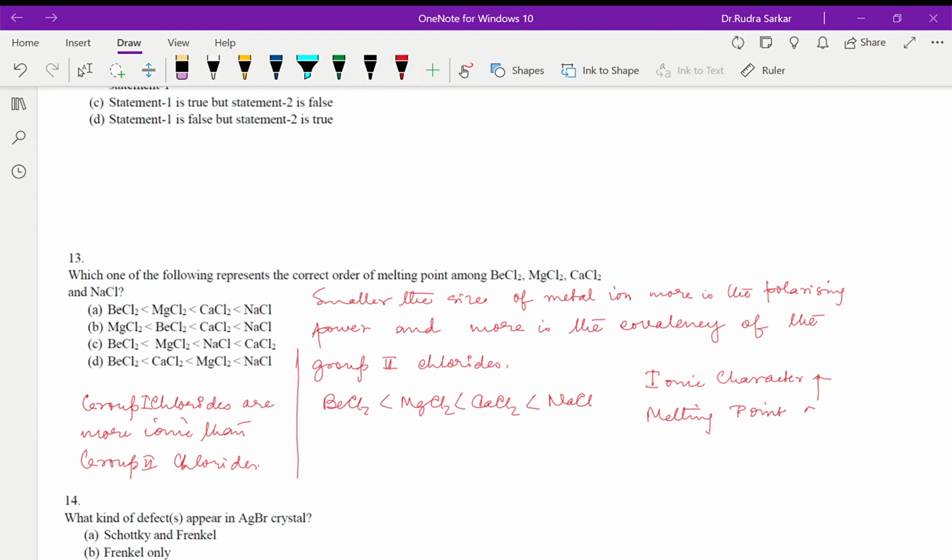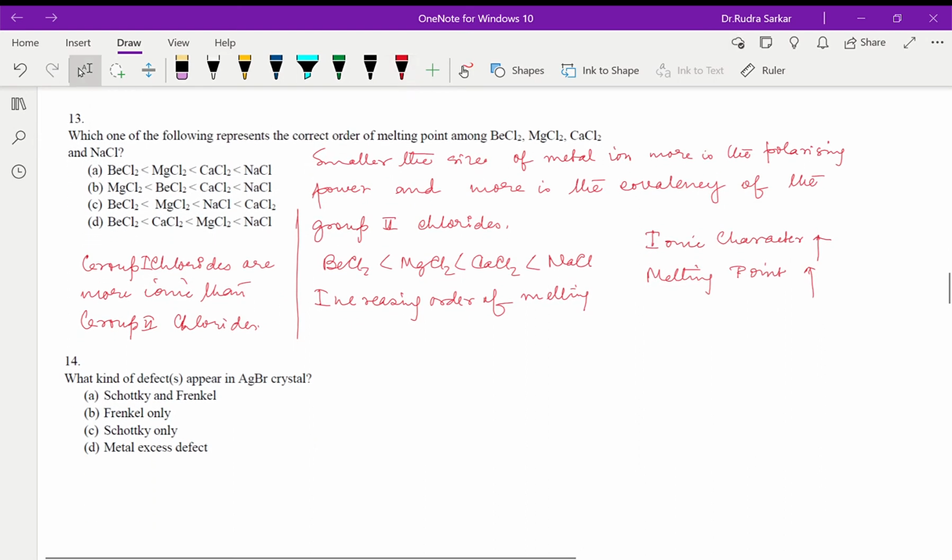Okay, so that being the case, the increasing order of melting point is given as follows, and that should be our answer. So over here the correct answer is going to be option A.